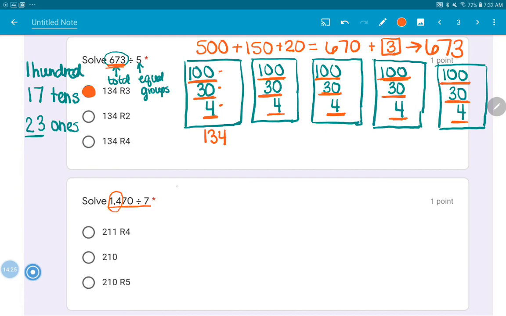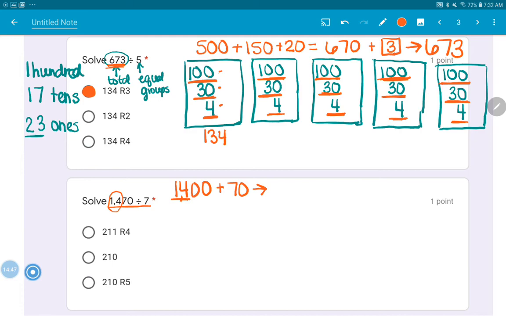So I'm going to break this number apart and say 1,400 plus 70, because I recognize that this 14 will divide equally into 7 groups. I just recognize that by knowing my facts.